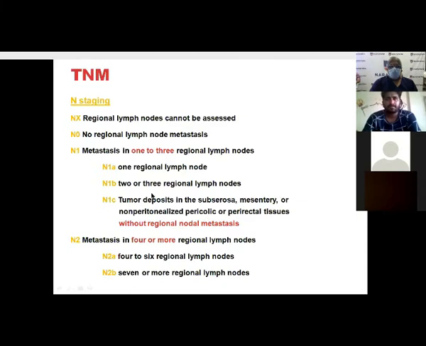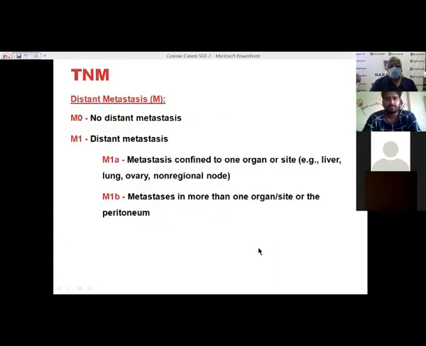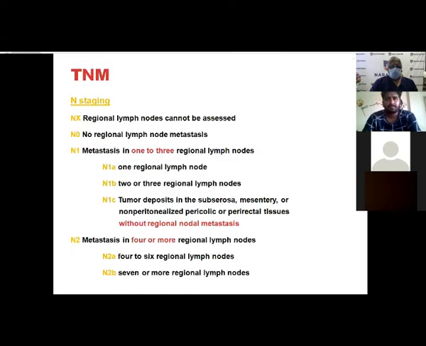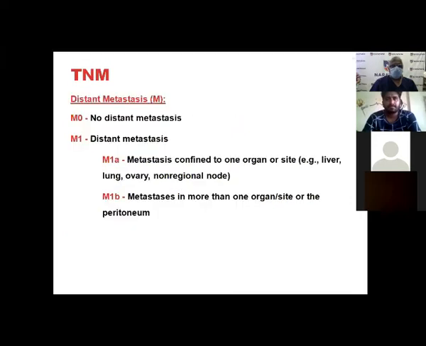It's something like a serosal deposit. N2 is 4 or more regional lymph nodes, N2A 4 to 6, N2B 7 or more lymph nodes. This is the latest nodal staging in TNM classification.